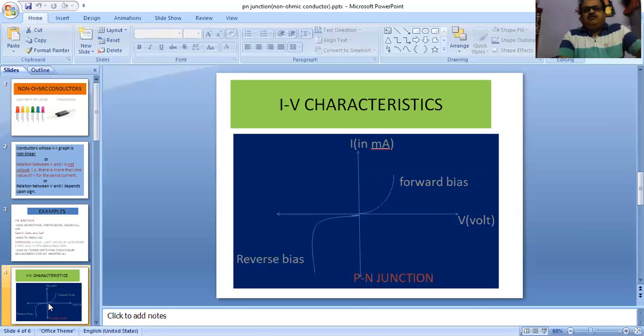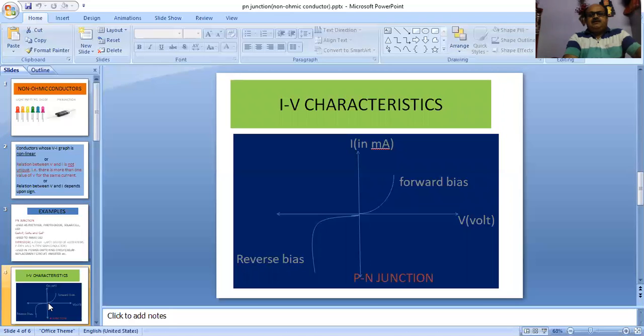In a solid, we call valence band a lower energy level and conduction band a higher energy level. At 0 Kelvin, there is no transition of electrons from valence band to conduction band, and hence it behaves like an insulator.